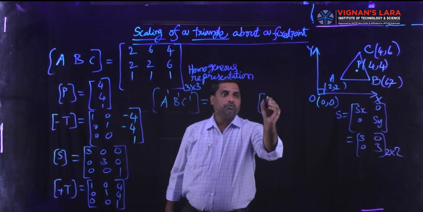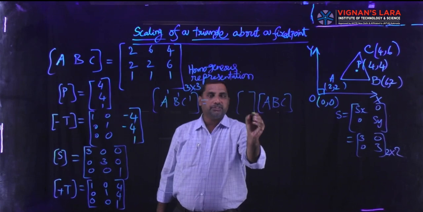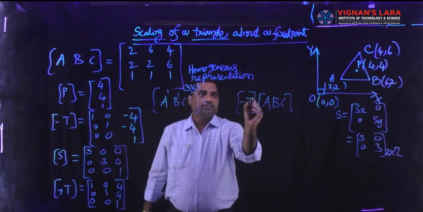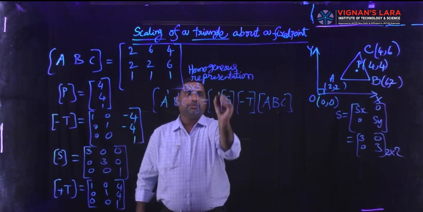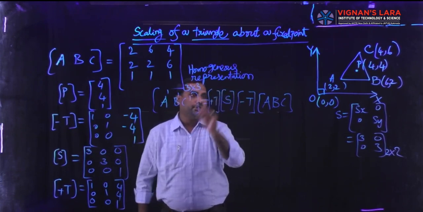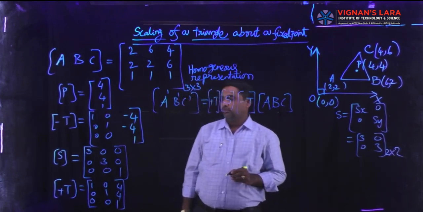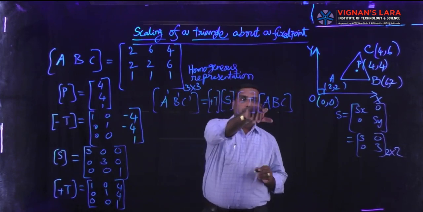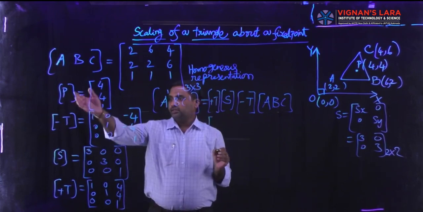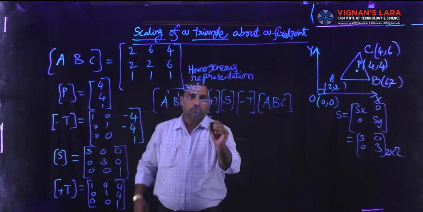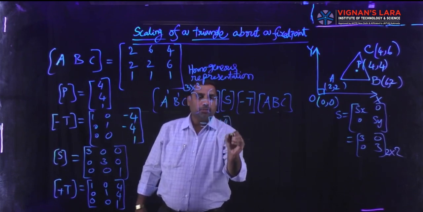First we write the original coordinates ABC and multiply by the first transformation, the negative translation T. Next multiply by the scaling matrix S, then multiply by the positive translation matrix T. This is the sequence of matrix multiplication for getting the final position of triangle ABC. Now write the points here. First T is 1 0 4, 0 1 4, 0 0 1. What about S next?